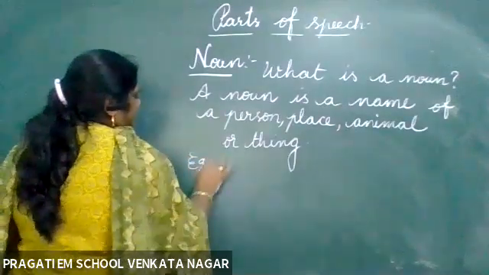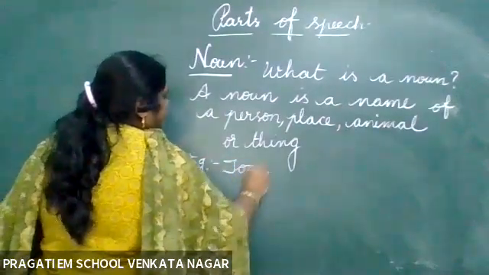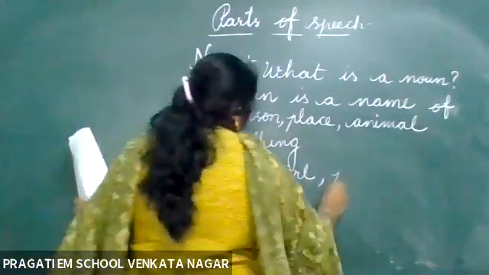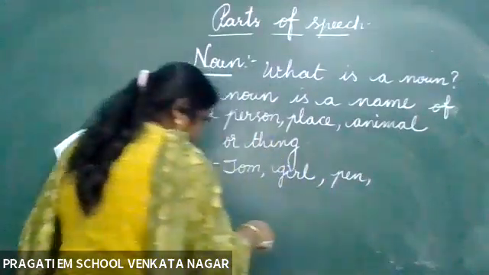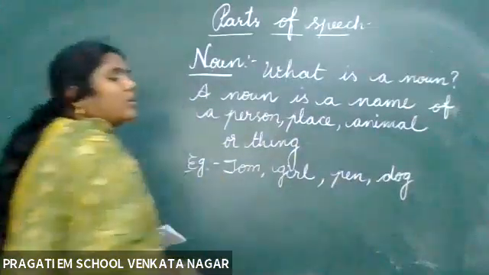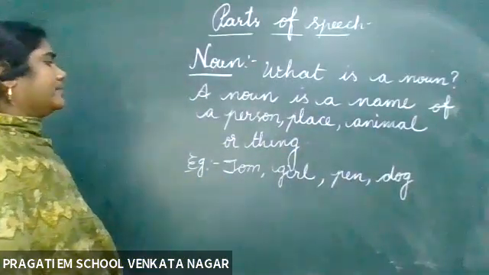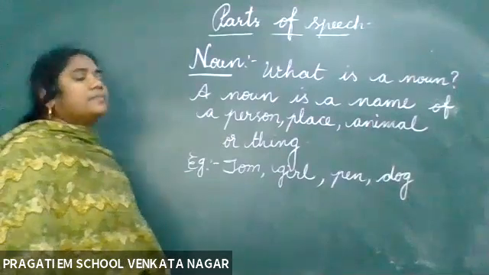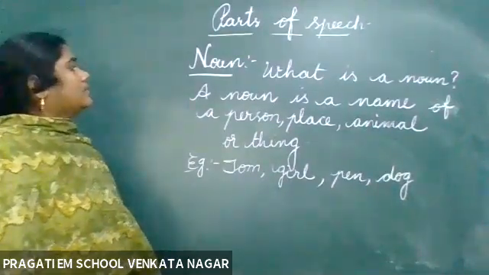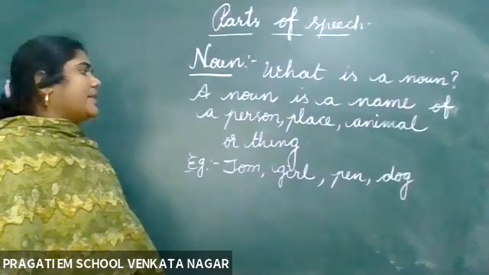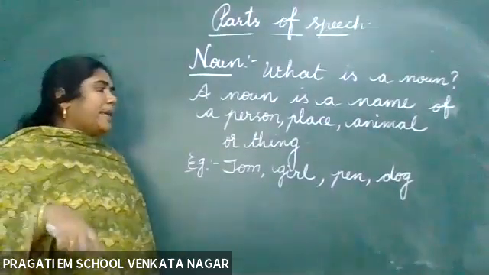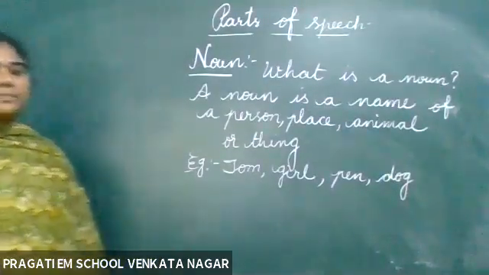A noun is the name of a person, place, animal, or thing. Example: Tom, girl, pen, dog, etc.